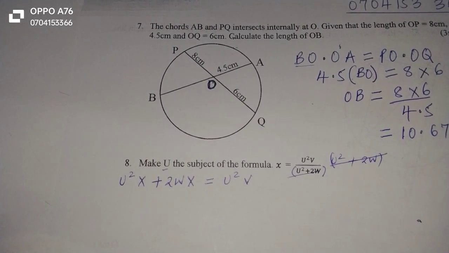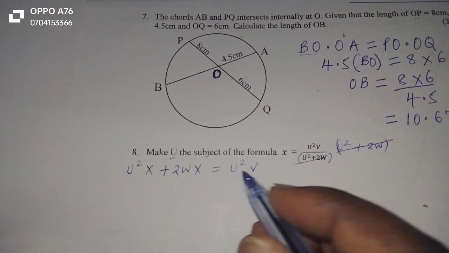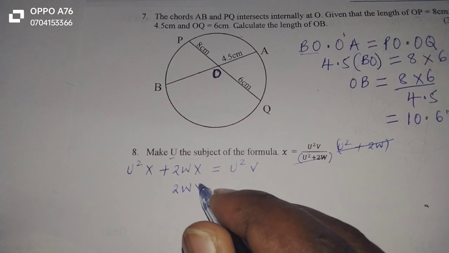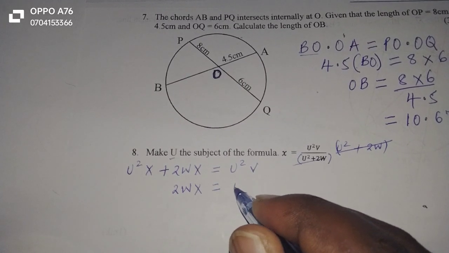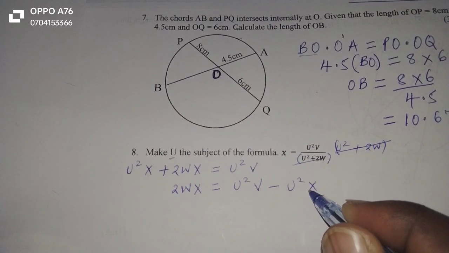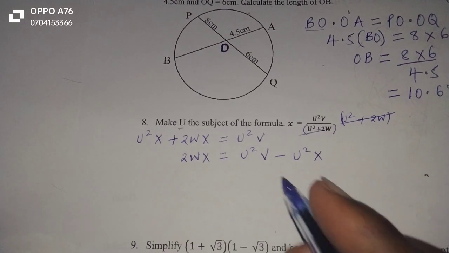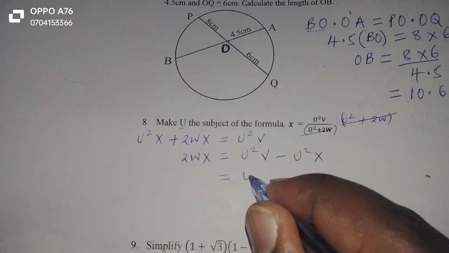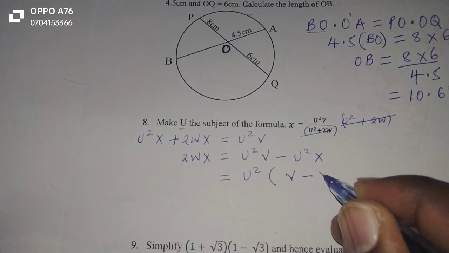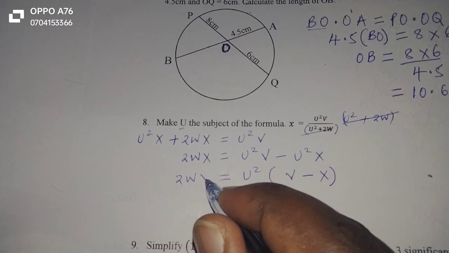So now we can group the terms with letter U together such that we remain with 2WX. Then we have U squared V minus U squared X. Then now we can factor out U squared to remain with V minus X. This is 2WX.